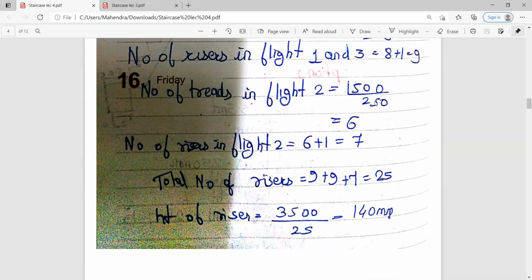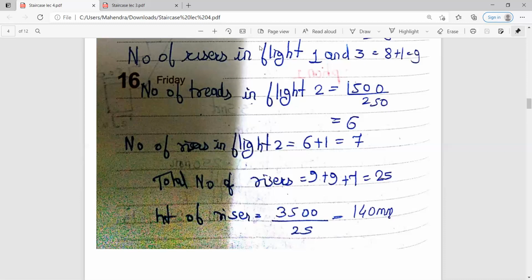So 1500 by 250, 250 is your width of tread that you had assumed earlier. So it will be 6. So number of treads in flight 2 will be 6. In number of risers, again you have to add 1. So number of risers in flight 2 will be 6 plus 1, that will be 7.